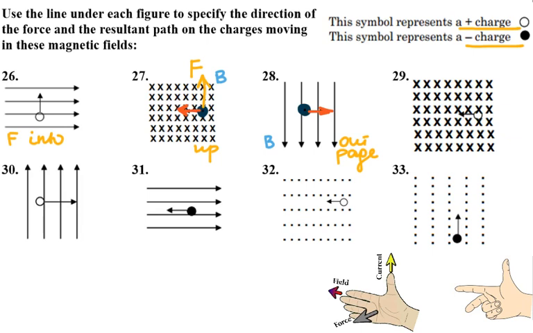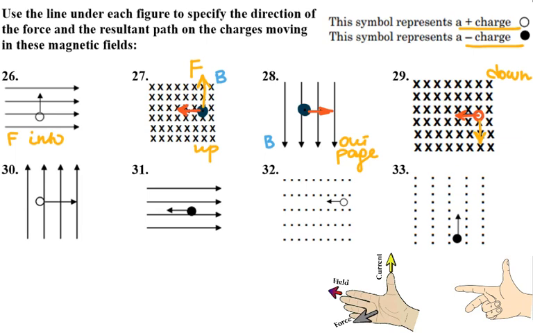For the next question, I have a positive charge moving to the left. The magnetic field lines away from me. So I have to point my fingers away from me and my thumb to the left, because the positive charge is moving to the left. And then the force acting on this positive charge is going to be down.